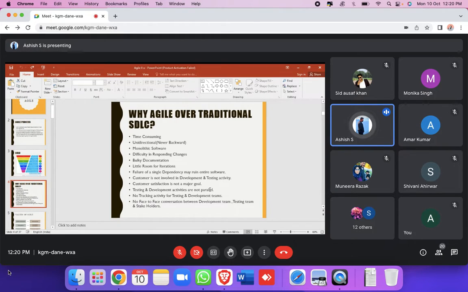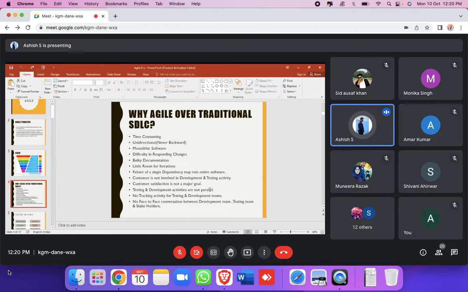Back in 2010, 12, they used to say we'll be working on projects for years together, or 6 to 7 months together. One project would be prolonged to years. Correct, right? So the same thing is time consuming. So for early releases or early deployment of the project, we need to go for Agile.